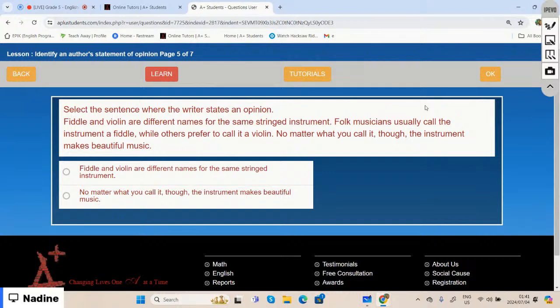If we were to choose the opinion of the writer, we would say it is: no matter what you call it, the instrument makes beautiful music.